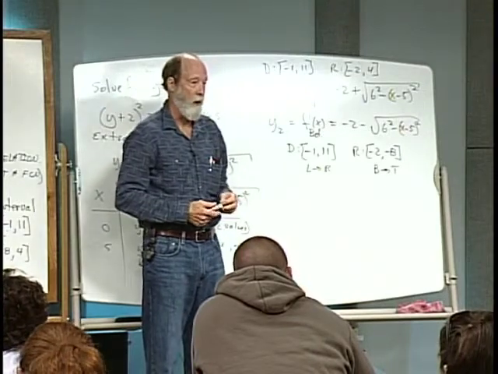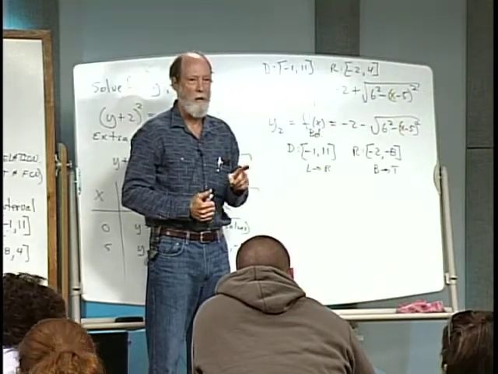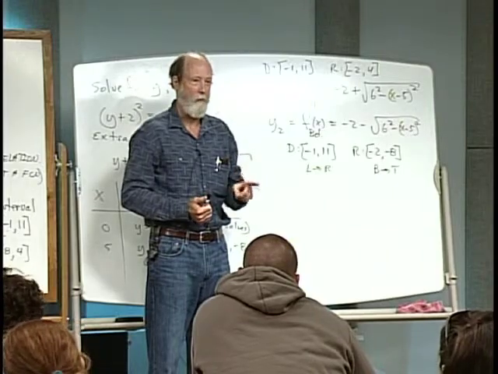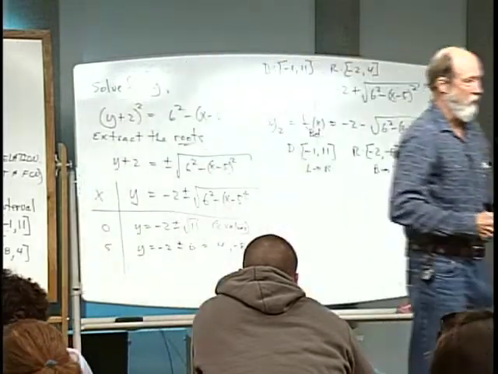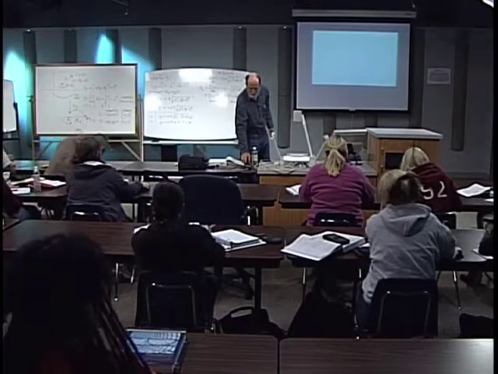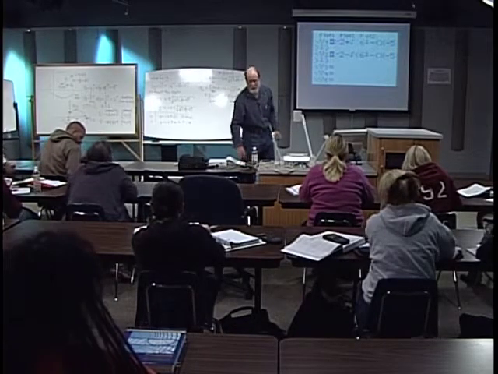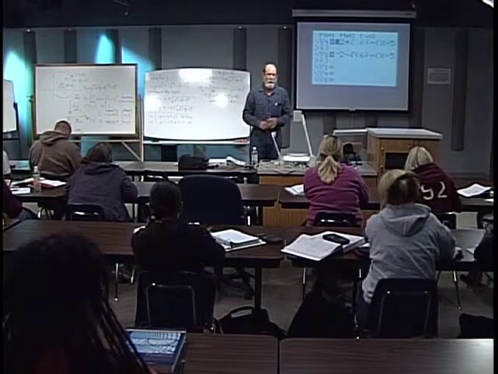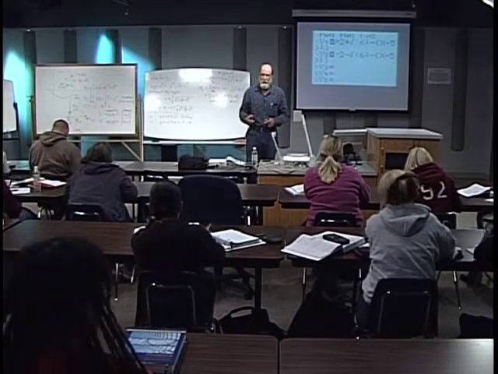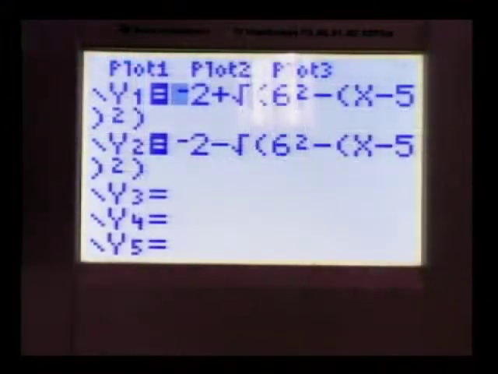In the interest of time, I already put this into the calculator so we could check to see if this really turned out properly. You don't need your calculators, you can just watch, or you can write down in your notes what I did. I actually have it labeled already on the board up here. Y sub 1 is the top of the circle, and here's the equation.